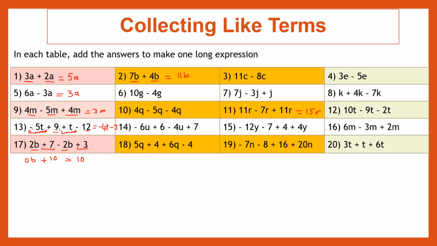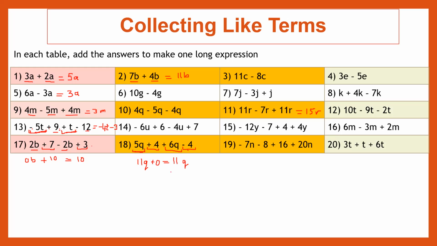Let's look at the question after that. We have 5q, which is positive, plus 6q. So that makes 11q. Then I have positive 4 and the negative 4, which is a 0. Again, I don't need to write the 0.